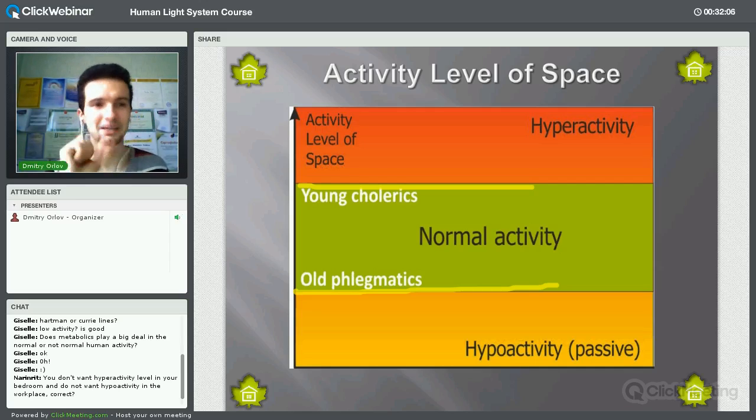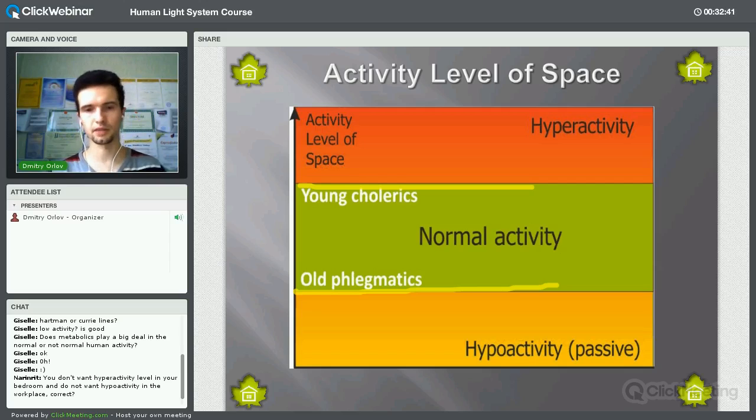Well, we will come to this question, Natalie, but the question is absolutely correct, about the bedrooms and working places, of course. So it means that in a working place, you need the activity level to be higher, so it will suit the functions that you need to fulfill there. But of course, the level of activity shouldn't be the same in a working place and in your bedroom.